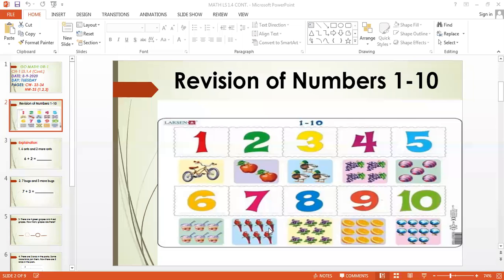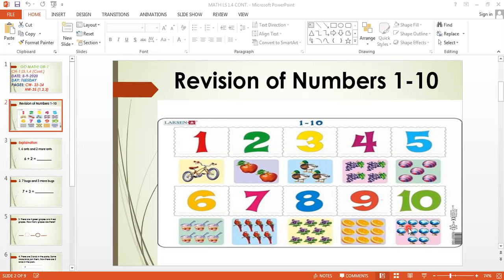Now, how many flowers do you have here? 1, 2, 3, 4, 5, 6, 7, 8. You have here 8. How many oranges? 1, 2, 3, 4, 5, 6, 7, 8, 9. You have here 9 oranges.